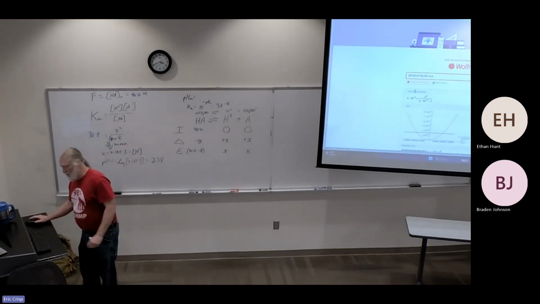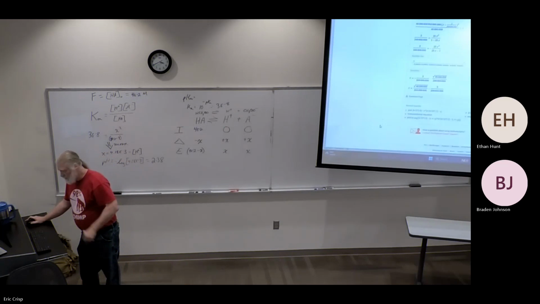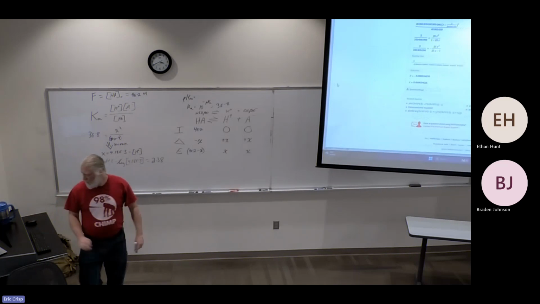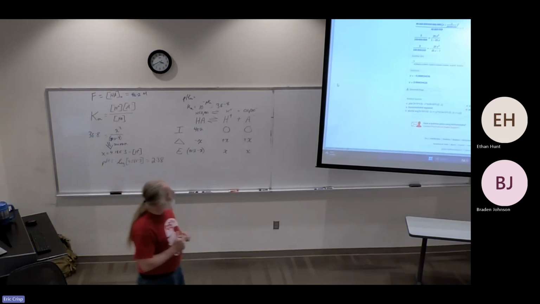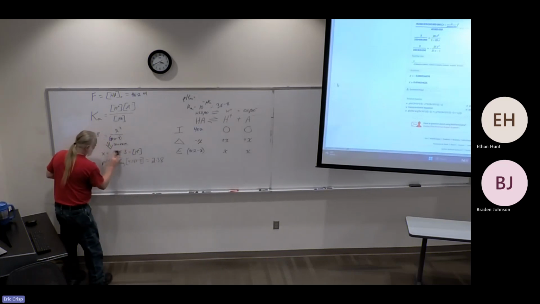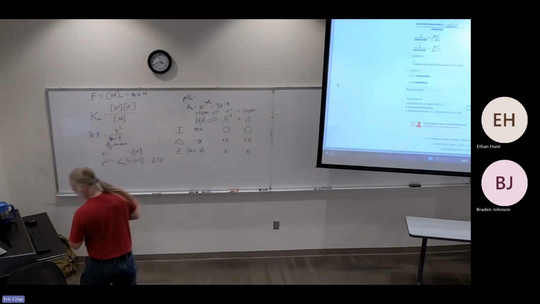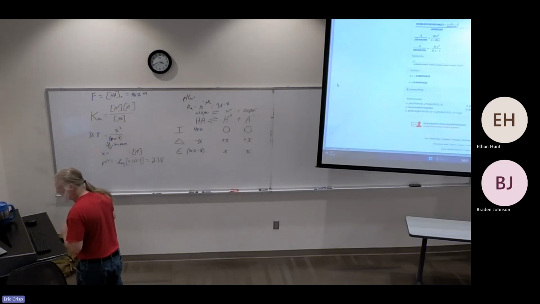Let's see what Wolfram thinks our solution is. So it says, what did it get there? 3.46 times 10 to the negative 1, 2, 3, 5.